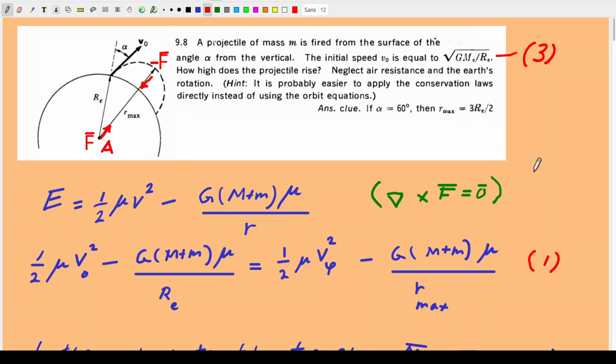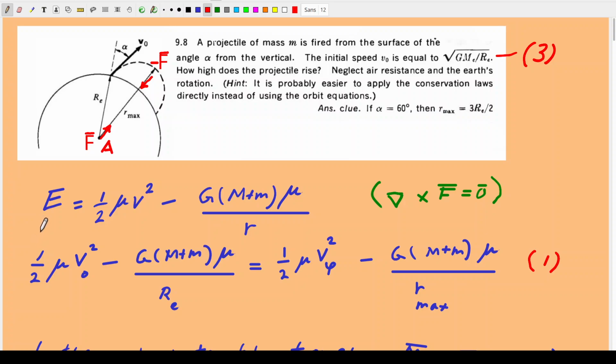Then we know that the force is conservative, and that potential energy exists. And if potential energy exists, then the mechanical energy is conserved. So E here is a constant.